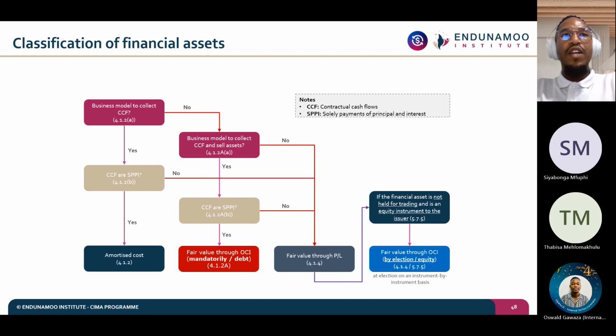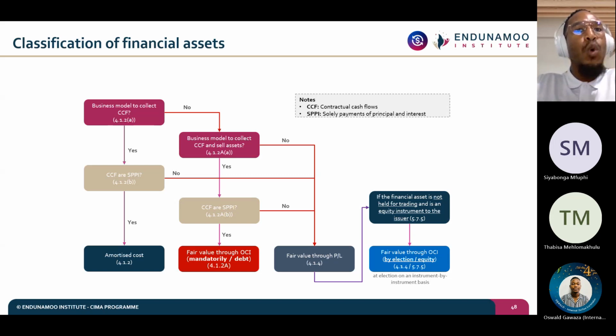Okay. So in the case where the business model is to collect contractual cash flows, in that same example that I gave, then we would say, yes, the business model is to collect contractual cash flows. The next question would be, are the cash flows solely payments of principal and interest on the principal amount outstanding?